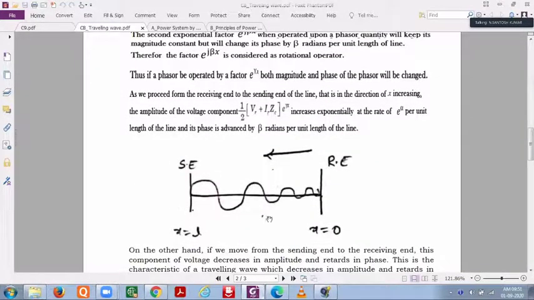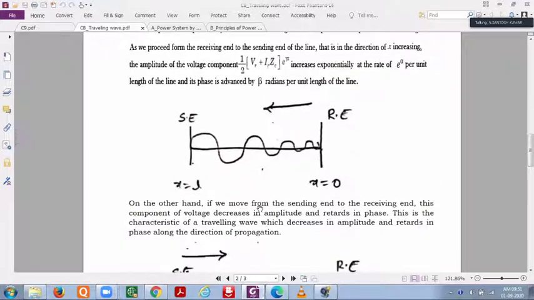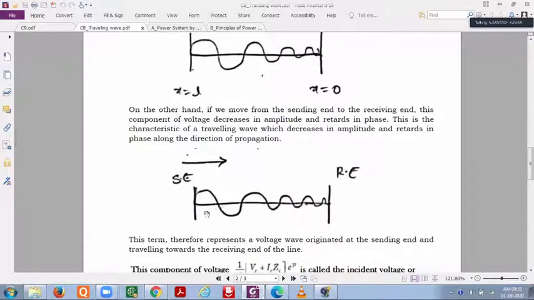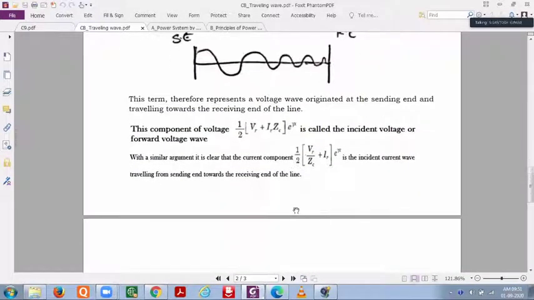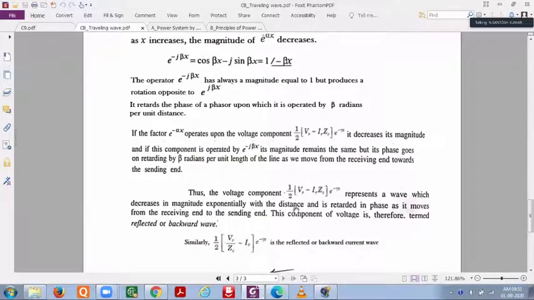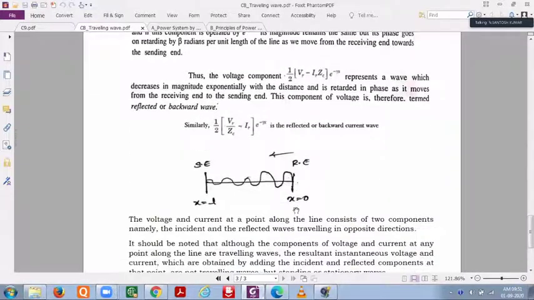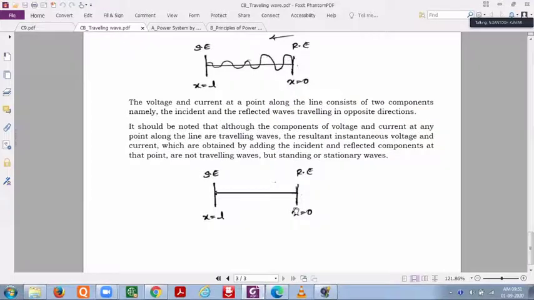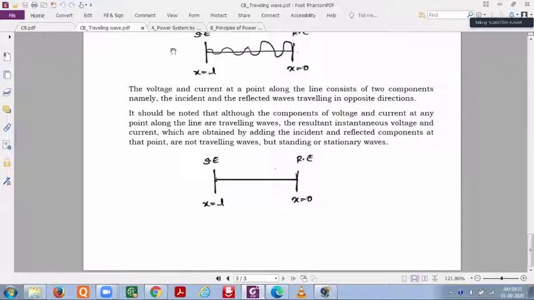This is your diagram, x is 0 to l. In detail, I have made this PDF, you can go through this.